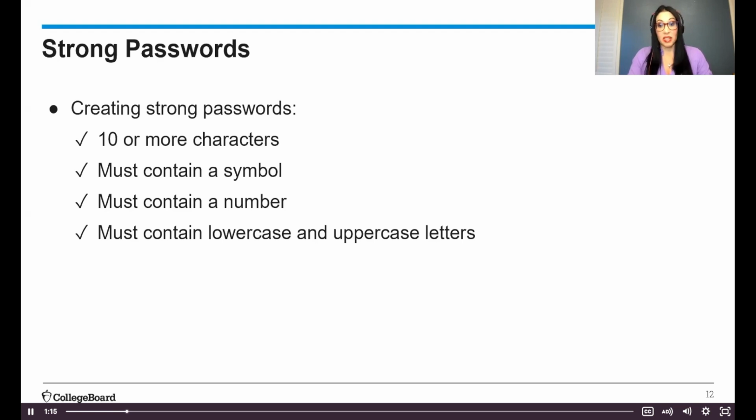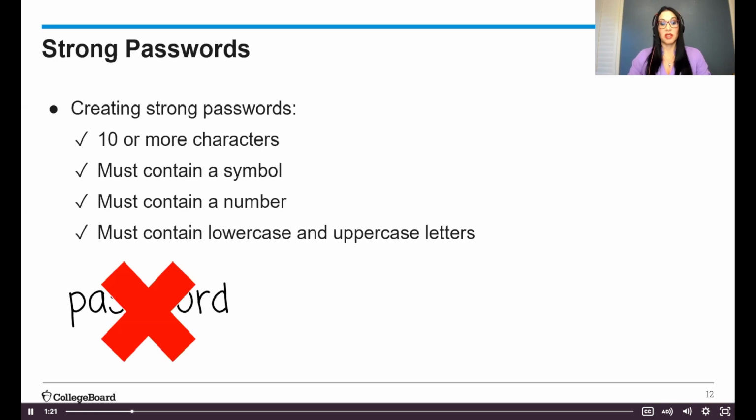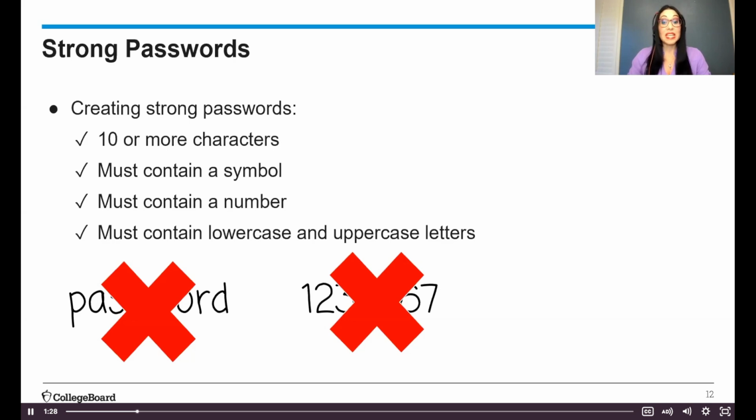And they aren't made of easy to guess words or phrases. Generic words like password or just numbers or birthdays or names of your pets or your siblings, those would be considered weak passwords because someone could guess them just from knowing a little bit about you.